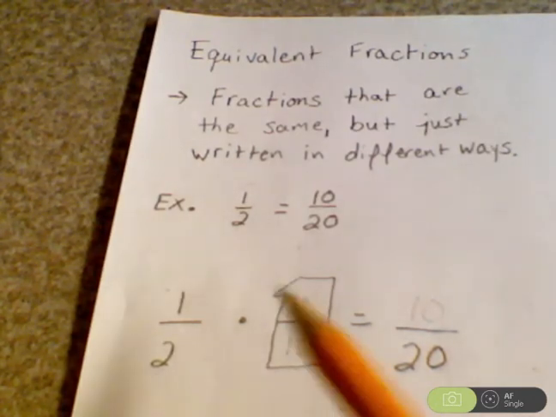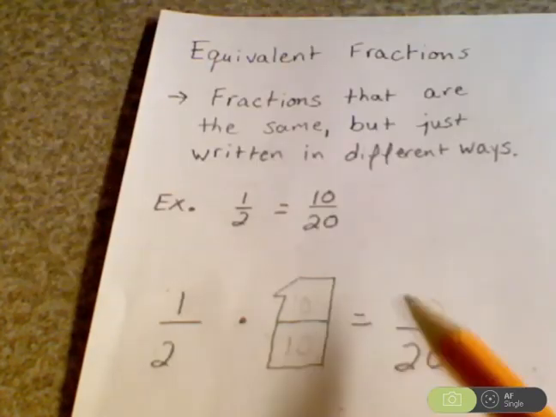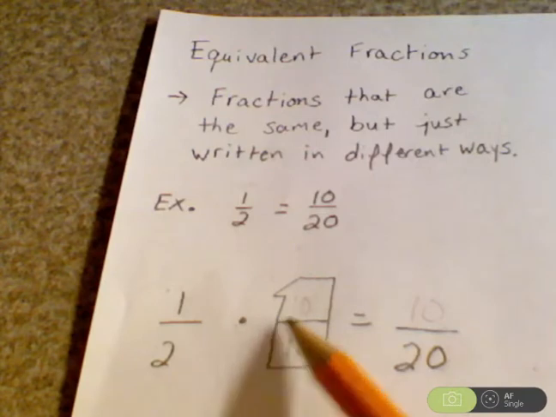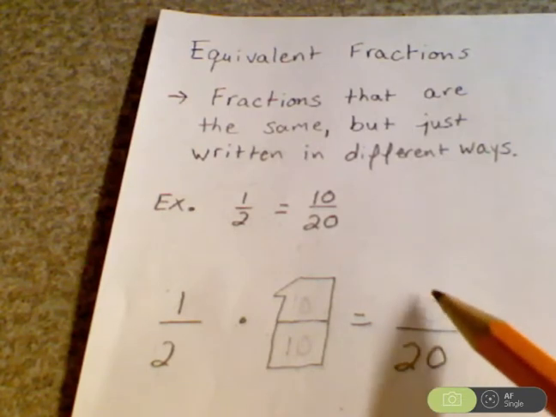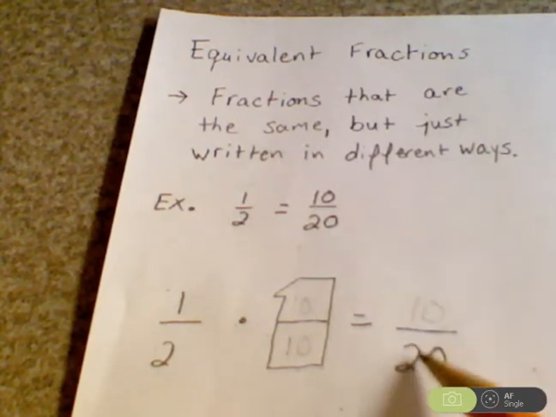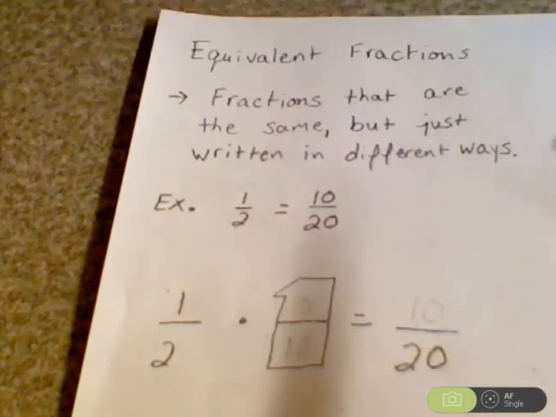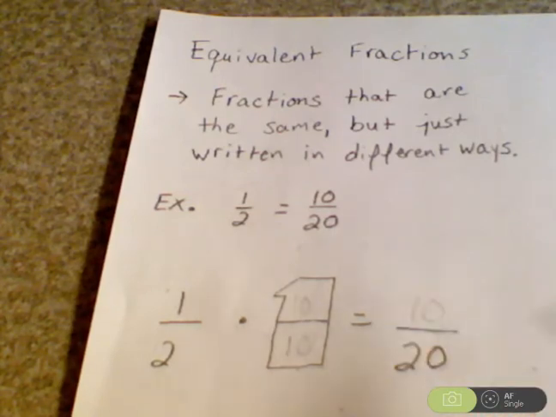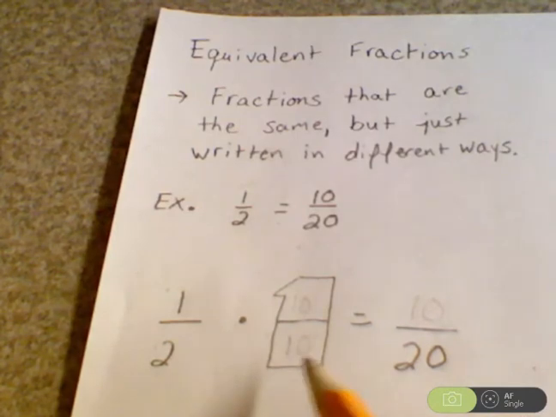If you notice here, we wrote the fraction 1/2 times, and then we have what looks like to be a giant 1 here, with the line right in the middle, and then equals, we don't have anything in the numerator, in other words the top part of the fraction, and we have 20 in our denominator, the bottom part of the fraction there. Alright, and you can see here some numbers already written in, and I'll make it a little bit more solid for you here in a little bit so you can see why exactly these work.